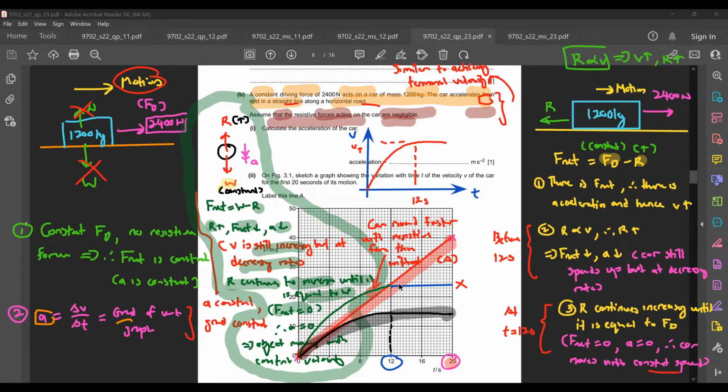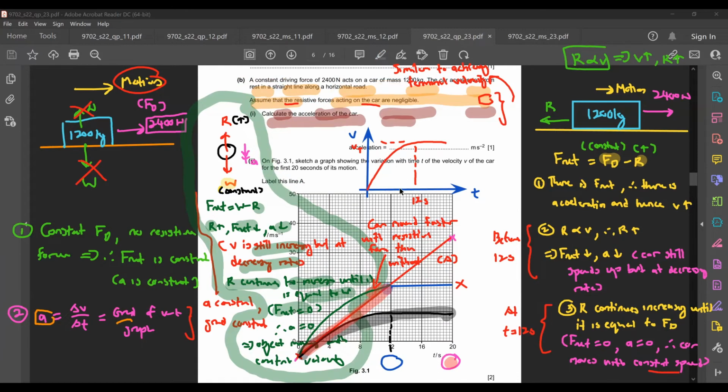You are not going to straight away start from this point. Drawing the blue line assumes your acceleration was constant, so that's also wrong. It should start much lower because your speed was increasing less and less each time. So the black colored line is the correct line to draw.